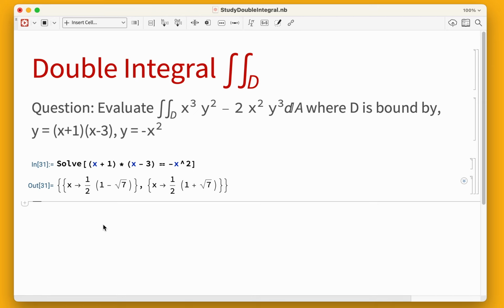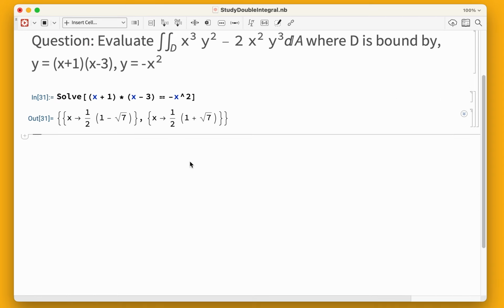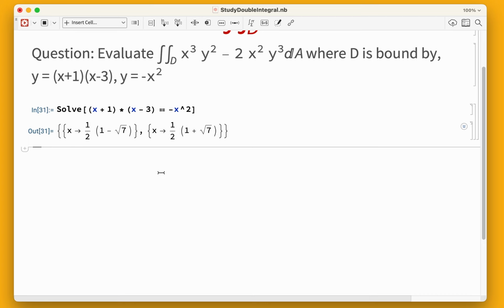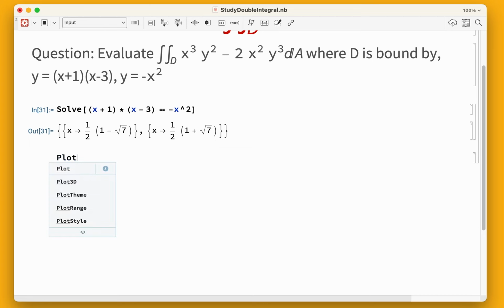Next, we need to visualize it, we need to plot it so that we get a better understanding of the domain, right? First we will plot it in 2D, because this domain seems to be in only 2 dimensions basically.